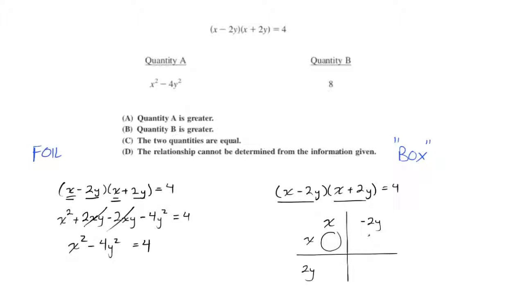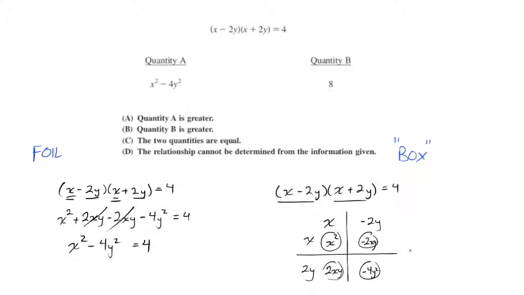And what's going to go inside these little cells here is the product of each of these. Here we have x times x being x squared, x times negative 2y being negative 2xy, 2y and x being 2xy, and 2y and negative 2y being negative 4y squared.